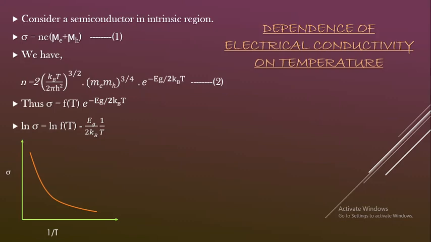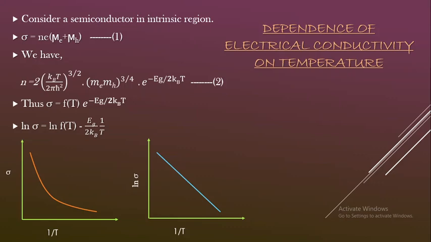So we have an equation of the form y equals mx plus c, which is nothing but the equation of a straight line. So if you plot a graph of ln sigma as a function of 1 by T, we get a straight line with an intercept, because there is a constant ln f of T, and the curve has a negative slope, that is, it is something like y equals c minus m into x.